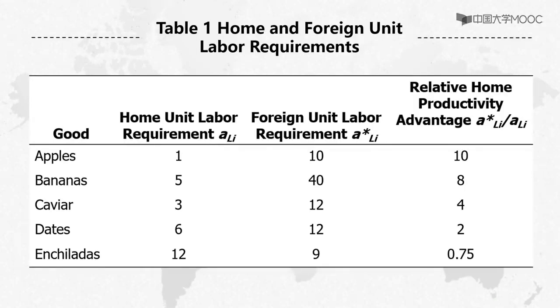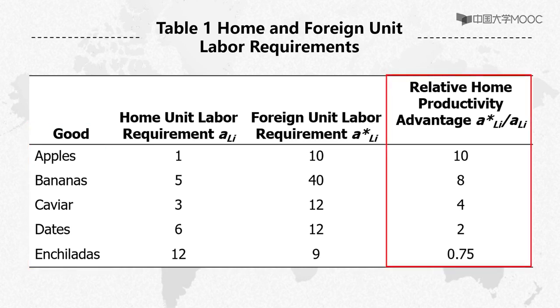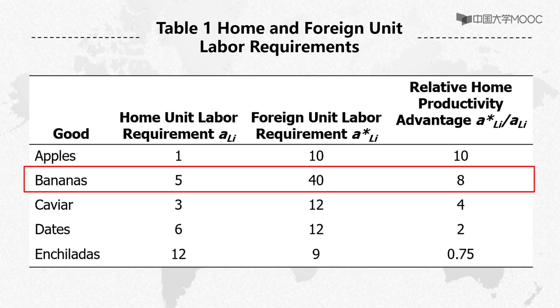Table 1 offers a numerical example in which home and foreign both consume and are able to produce 5 goods: apples, bananas, caviar, dates, and enchiladas. The third column is the ratio of the foreign unit labor requirement to the home unit labor requirement for each good. For instance, for bananas, a_LI star over a_LI equals 8.